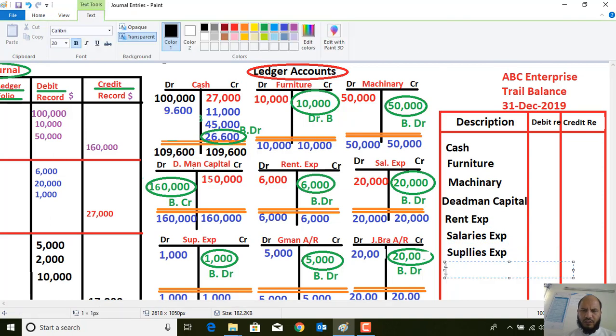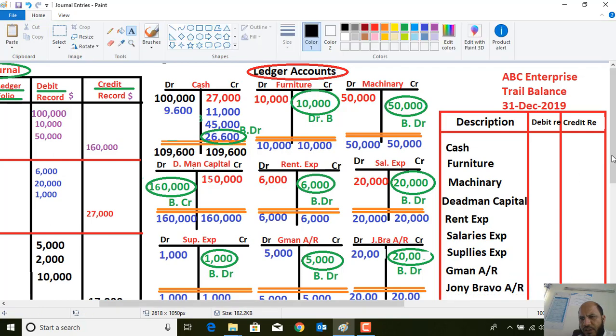We also have the German account receivable, and the Brave account receivable.